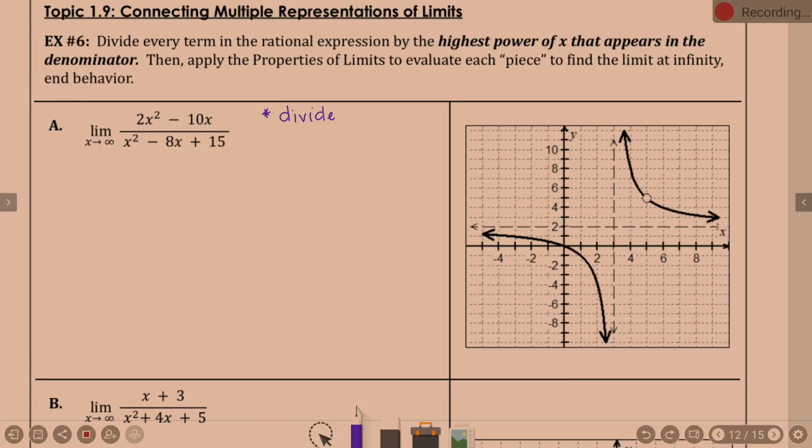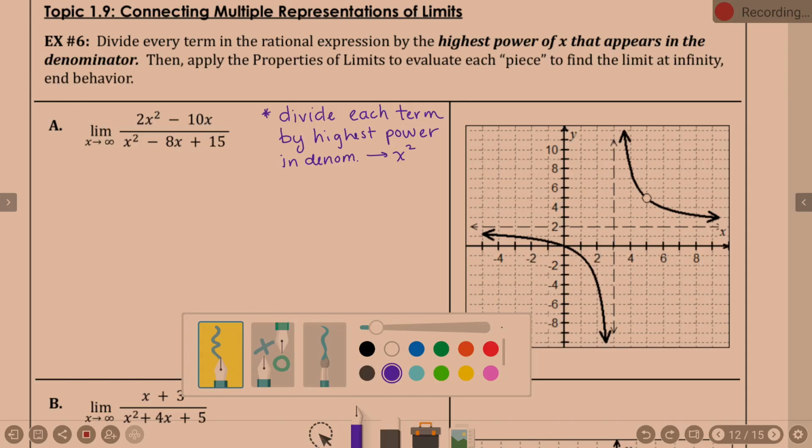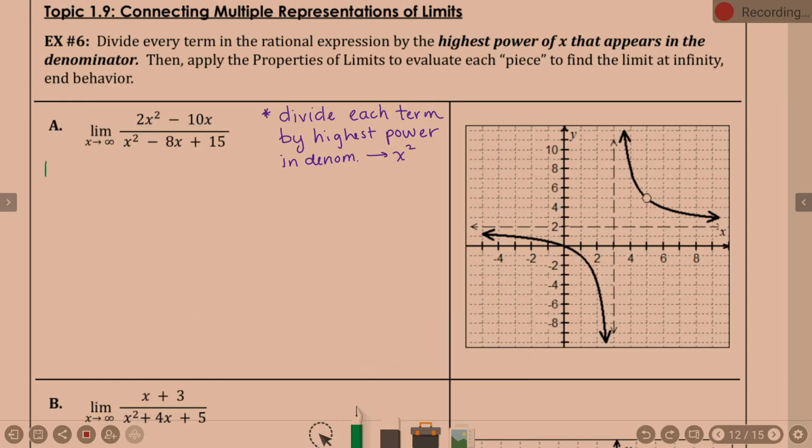So what's that mean we're dividing each term by here? X squared. X squared. So we're going to divide each term by the highest power in the denominator, which in this case is x squared. Okay, so I'm going to write this out. Might be kind of annoying to see, but I just want you to see what's happening.